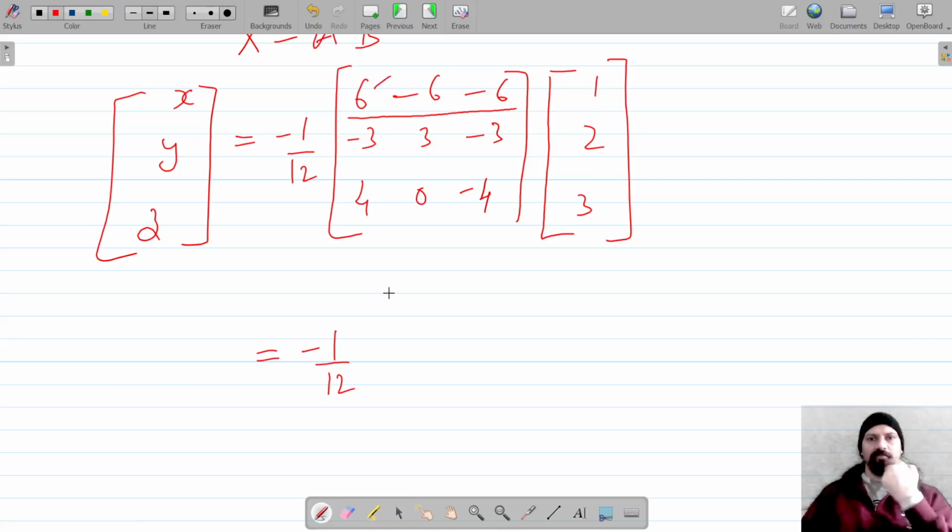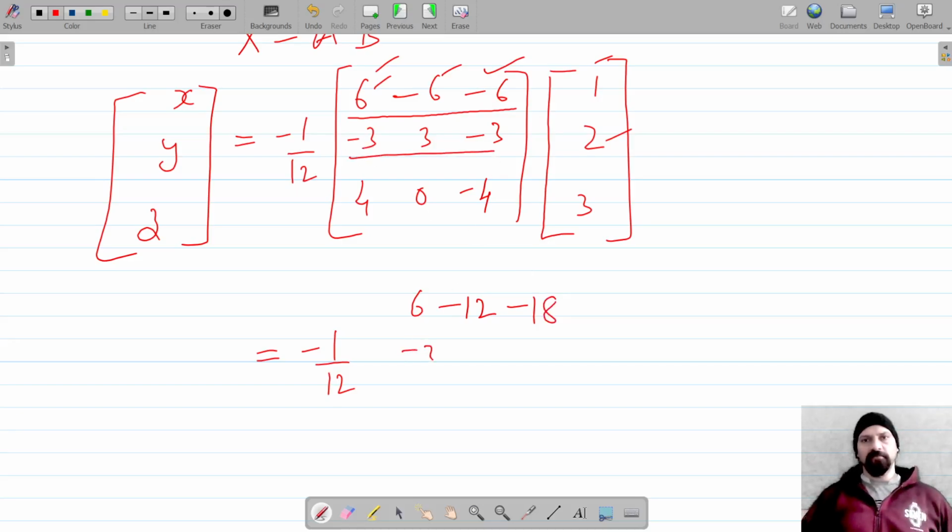So 6 into 1, and then minus 6 into 2, which is negative 12, and negative 6 into 3, which is negative 18. Then take the second row: negative 3 plus 6, negative 6. Then 4 and 0 and negative 12.